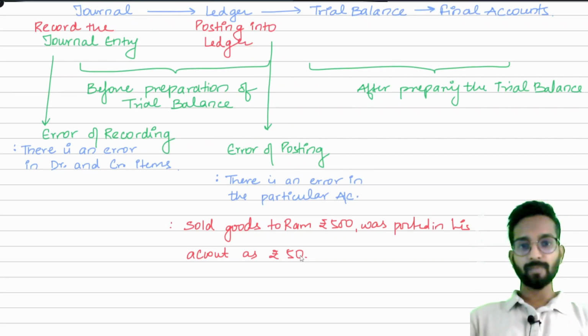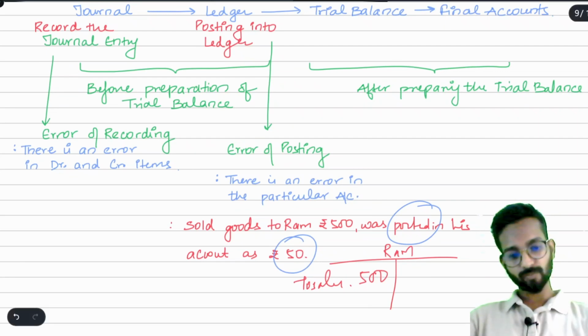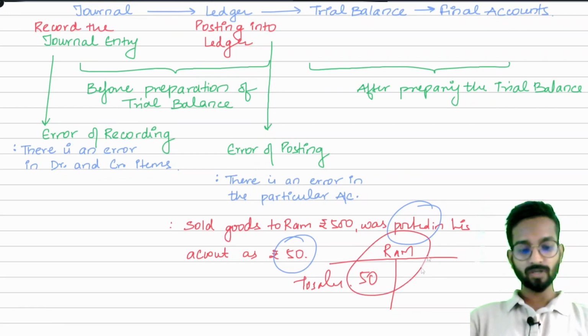That, sir, we prepared Ram's ledger account. We were supposed to write here to sales 500, but see what the question is saying: it was posted in his account as rupees 50. It means I have not posted 500 in his account. I have posted only 50. It means the problem is with only Ram's account.